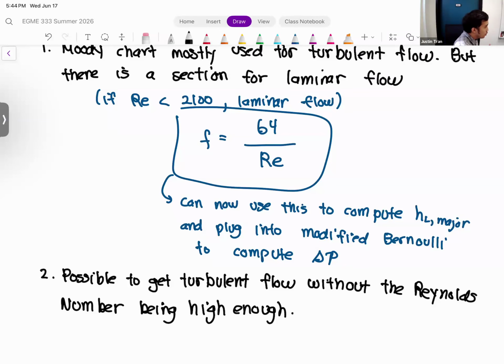What you can do is what's called trip the flow. Sometimes you can add some kind of roughness in the pipe on purpose to induce turbulence at low Reynolds number.